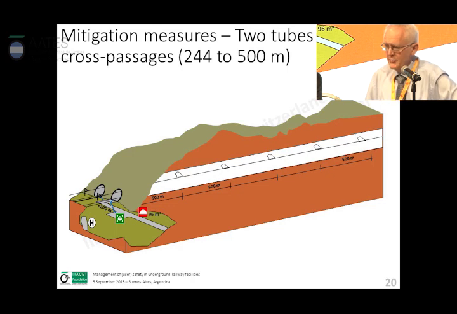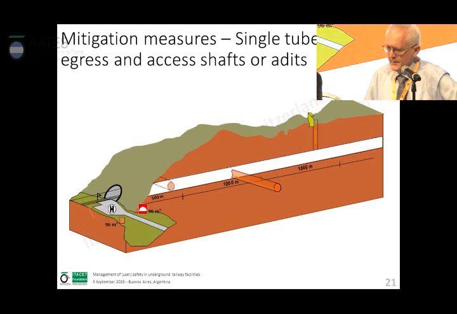And this is now becoming more and more typical for long distance tunnels to implement twin tube systems as well, of course, for metro systems as well. Cross passages are installed depending on the guideline you follow every 250 meters to 500 meters. The other approach is to have a single tube.